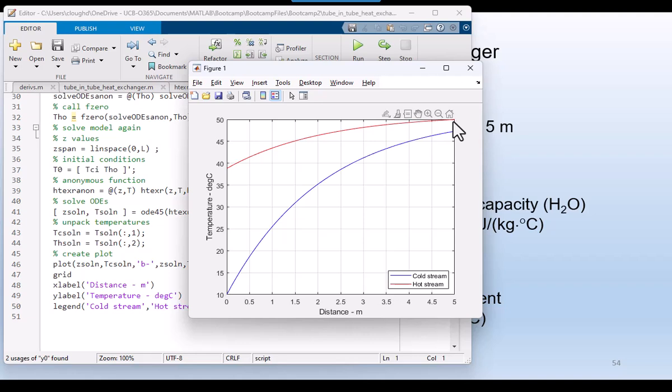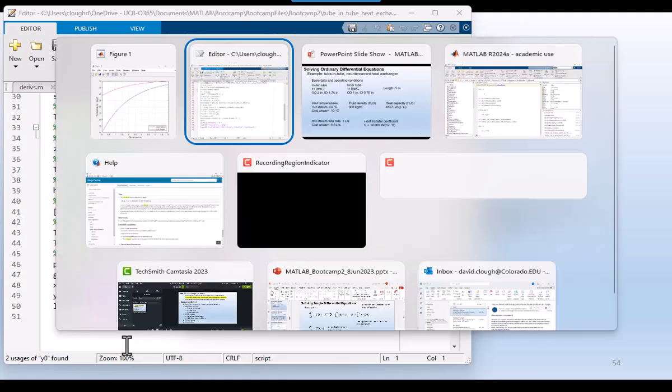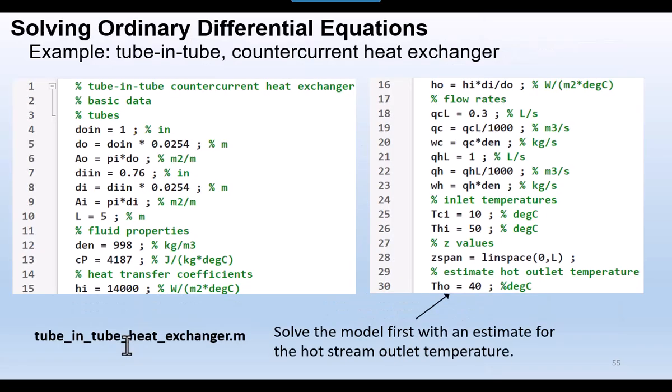And 50 degrees is our specified inlet temperature of hot water. Okay? So that is the last example that we're going to do for this segment of the screencast for MATLAB Bootcamp 2. So let's come back to our slides and finish up.